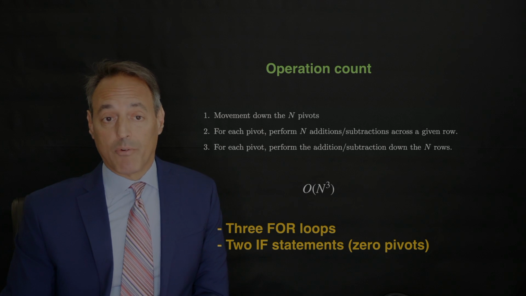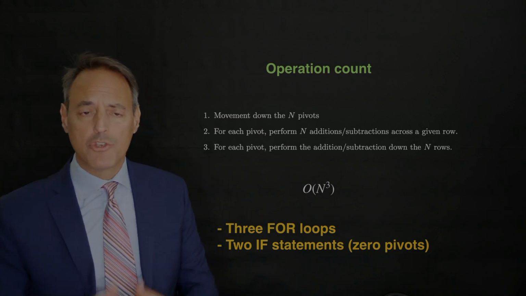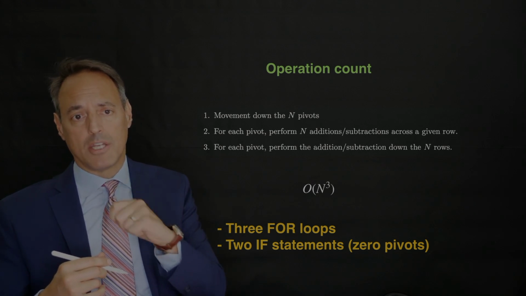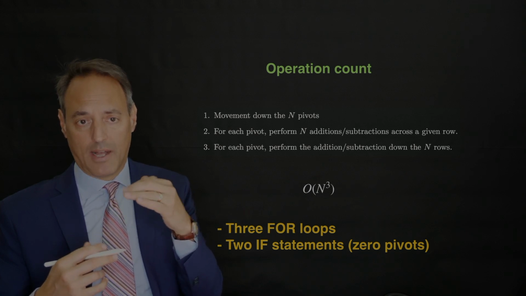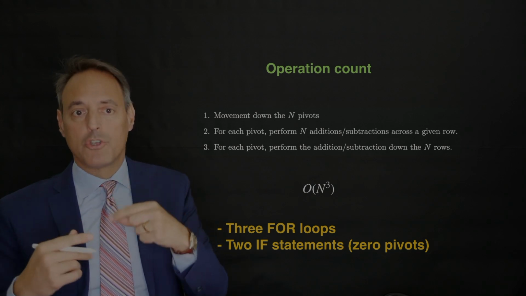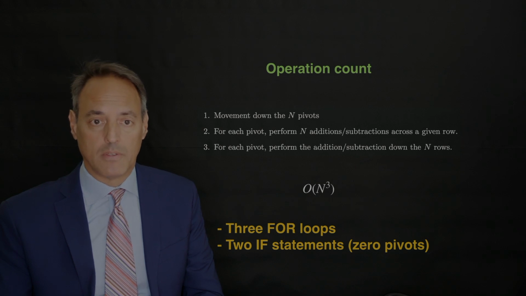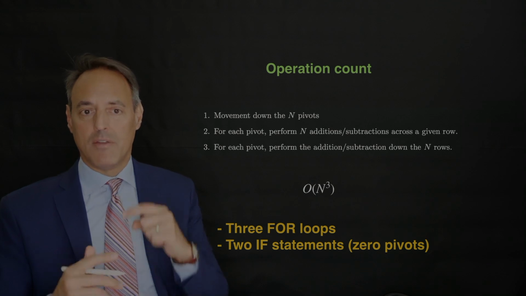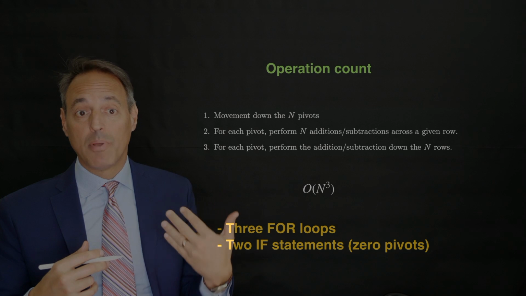Not only do you have 3 for loops, but you have 2 if statements. The 2 if statements are the following. What happens if I find myself on a 0 pivot? If you're on a 0 pivot, you have to ask that question. If the pivot is 0, then you should trade rows. Make sure you swap rows so that you don't have a 0 pivot. There's one other if statement though. What happens if you try to switch rows and you can't find a non-zero pivot?